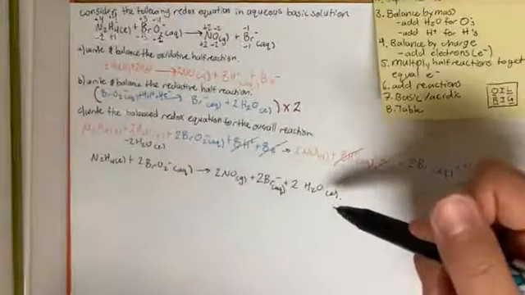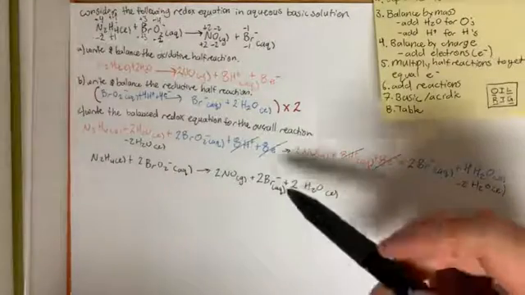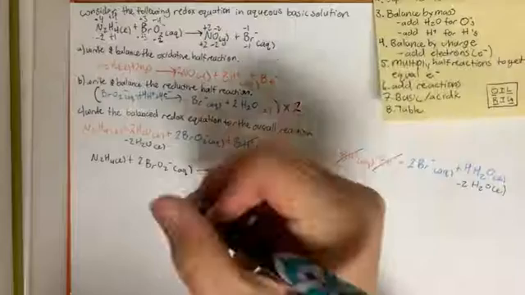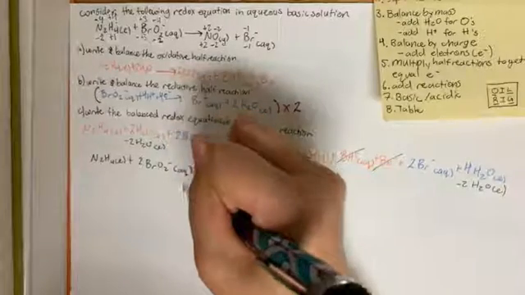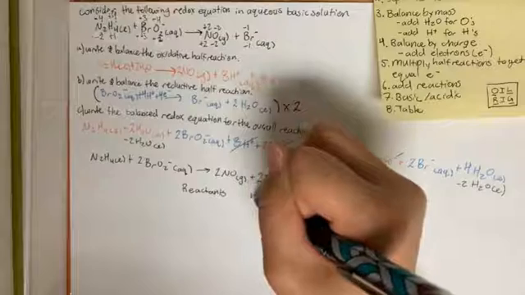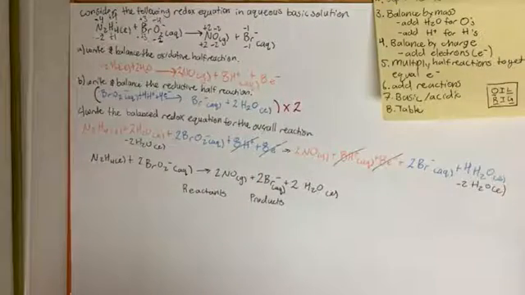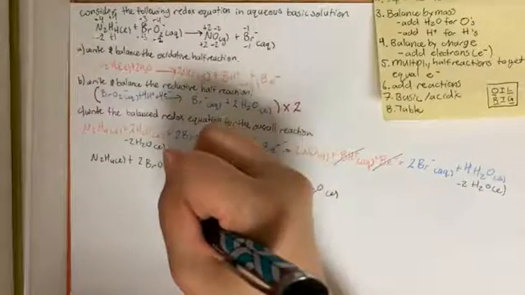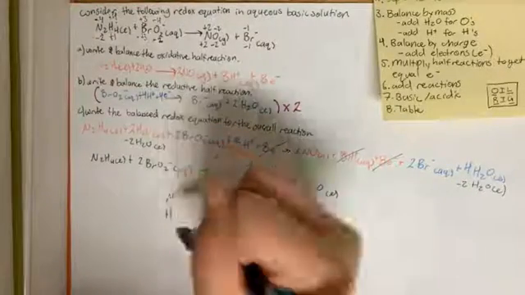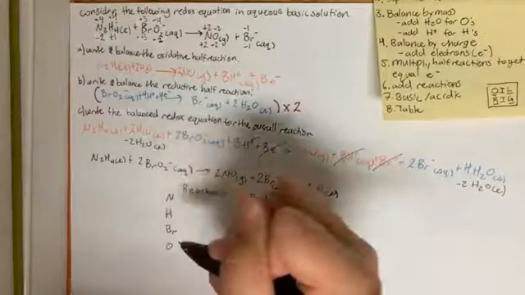We can check our answer by making a table for the elements and the charge. The elements that we have are nitrogen, hydrogen, bromine, and oxygen.